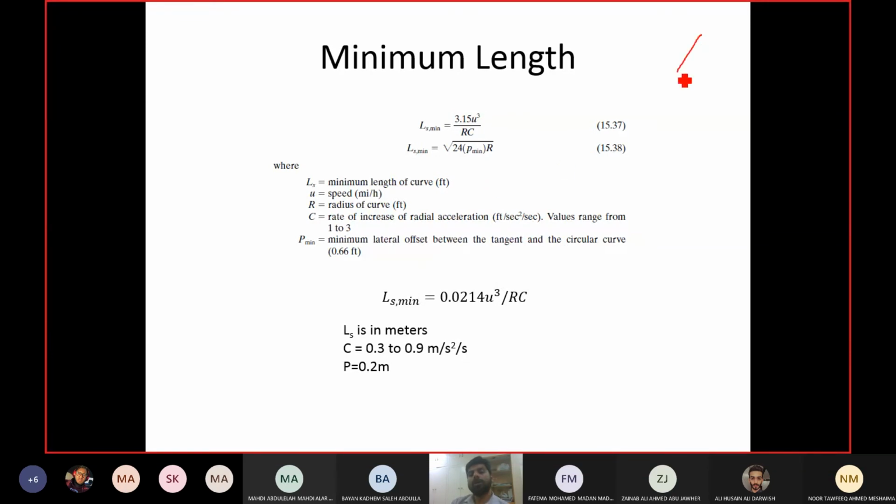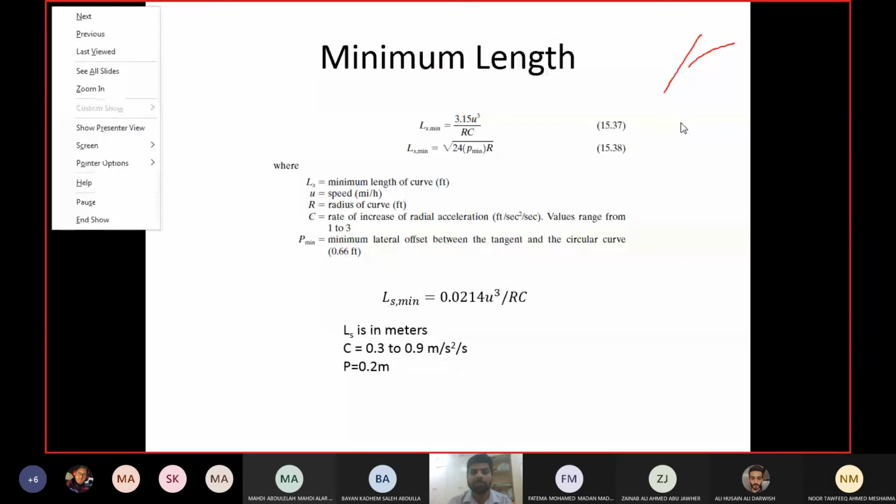So this is your tangent, this is your curve. The curve was supposed to start from here, meeting the tangent. If the curve is meeting the tangent, then the offset is 0. Remember, we have done it in the examples. The first point has an offset of 0. Now, with the provision of the spiral curve, you have generated an offset.